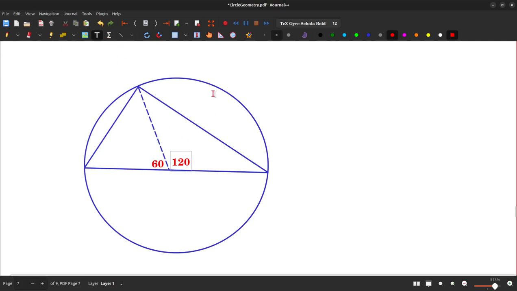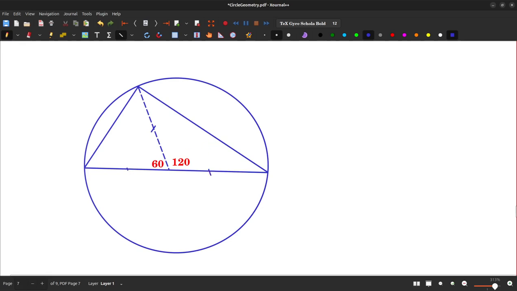Now, since this is one circle, all radii drawn in the same circle should have an equal length. What does that tell us? This is telling us that this length here is equal to this, since they are both radii.